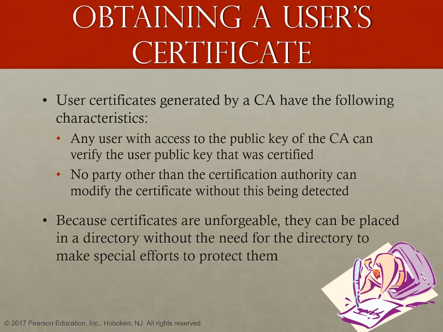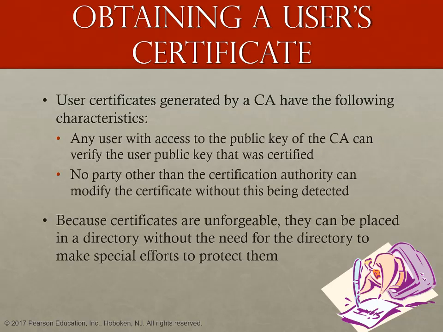In addition, a user can transmit his or her certificate directly to other users. In either case, once B is in possession of A's certificate, B has confidence that messages it encrypts with A's public key will be secure from eavesdropping, and that messages signed with A's private key are unforgeable.